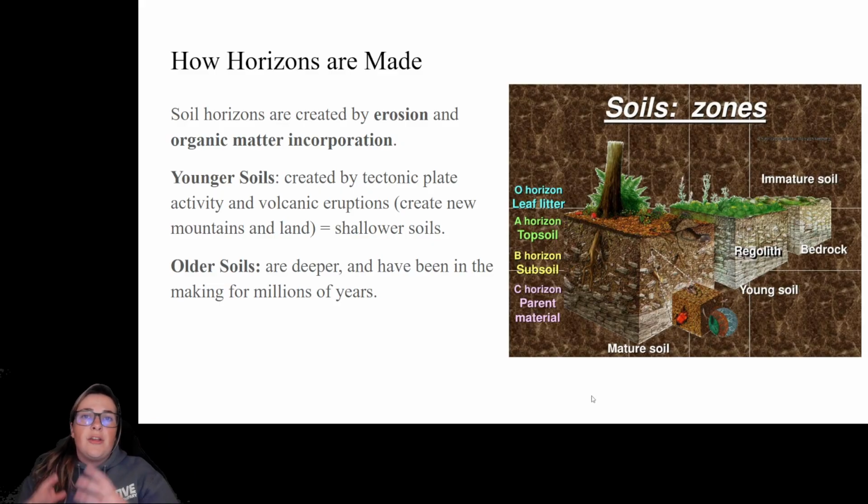Then we see entire ecosystems become established, and you get grasses, and eventually you get trees, and eventually established forests, and then you have a much deeper, older soil, and that can take up to millions of years to form. So that's kind of the process of how we get healthy, mature soils.